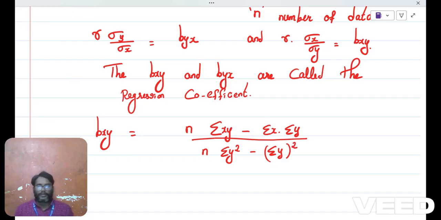Okay, this is the formula to compute the regression coefficient b of xy.